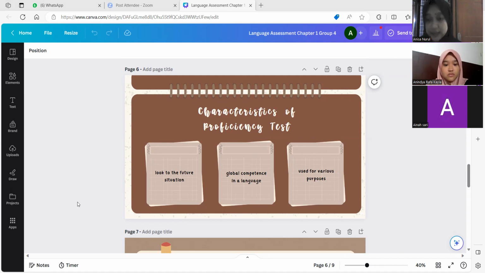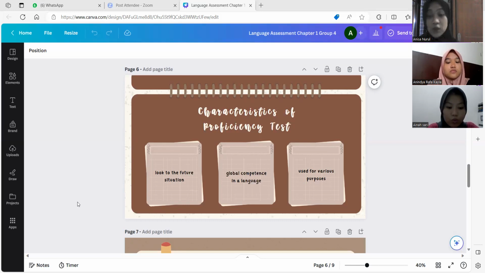Meanwhile, proficiency tests look at the future situations of language use without necessarily any reference to the previous process of teaching. So in Indonesia, achievement test ini mengukur apa yang telah dipelajari sebelumnya, sedangkan proficiency test ini tidak perlu lagi kita untuk melihat proses dari pengajarannya.